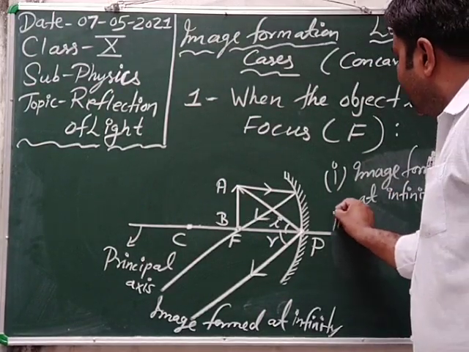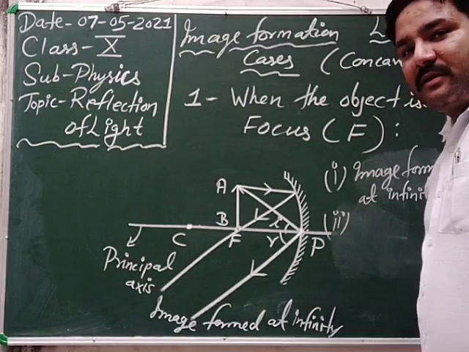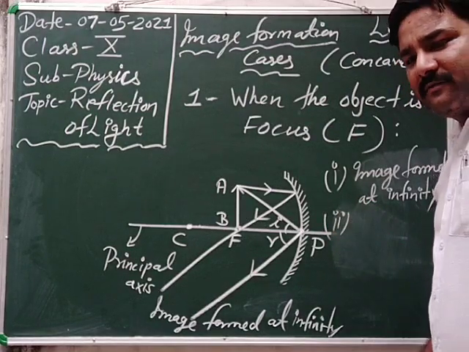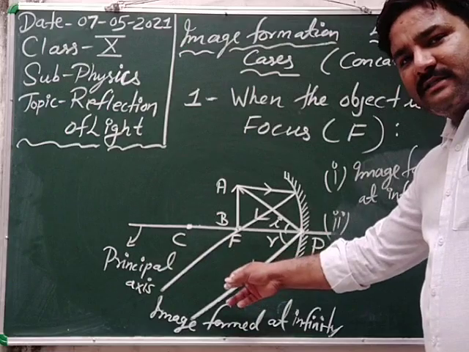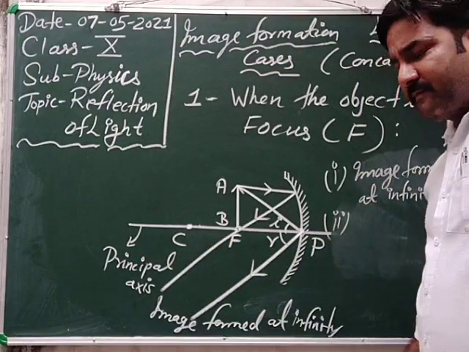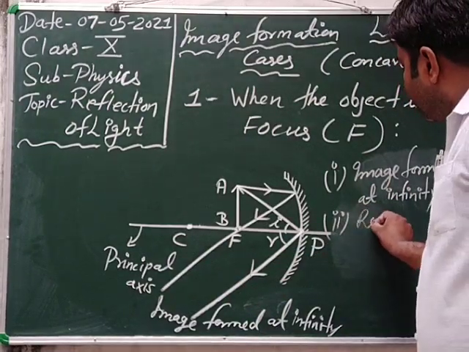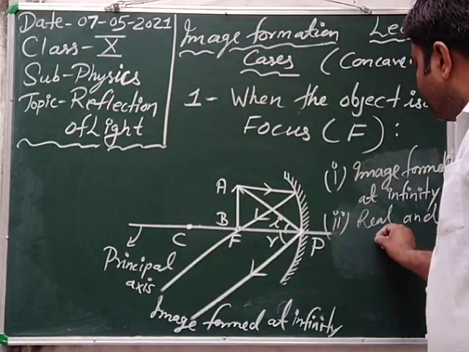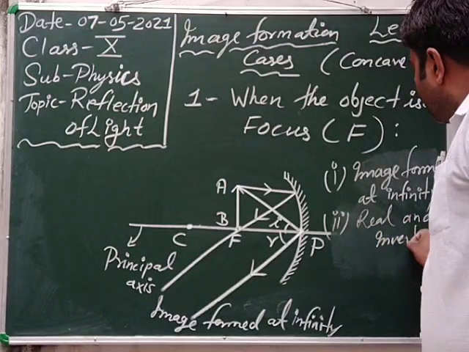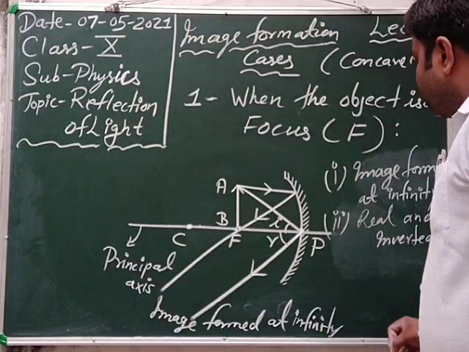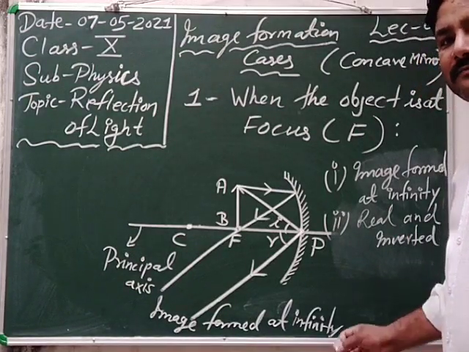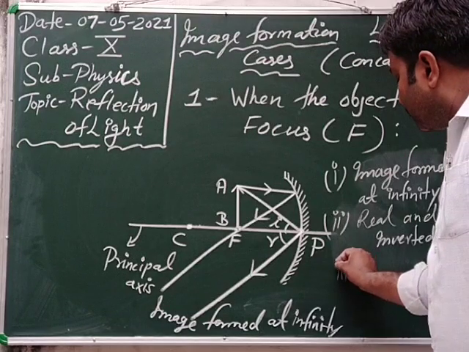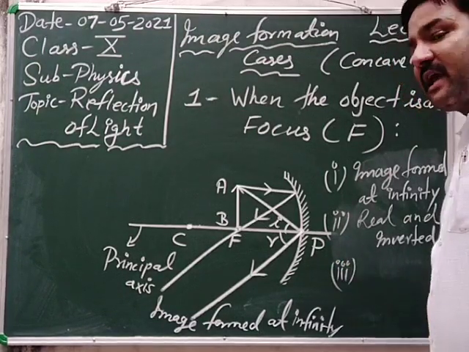Second one, the image is real and inverted. Real means these rays actually meet at infinity. So real and inverted. And the last one, size.